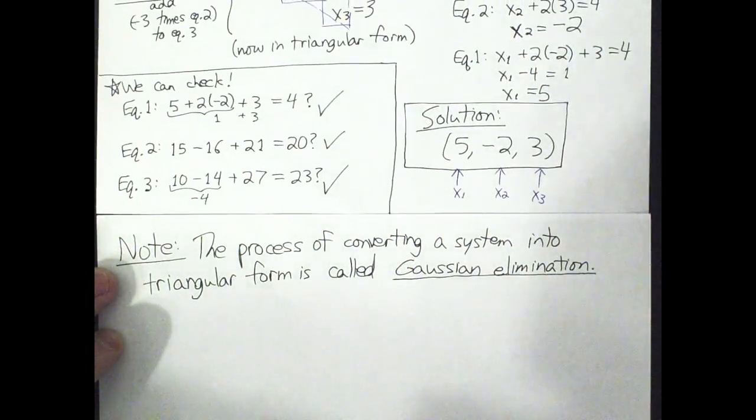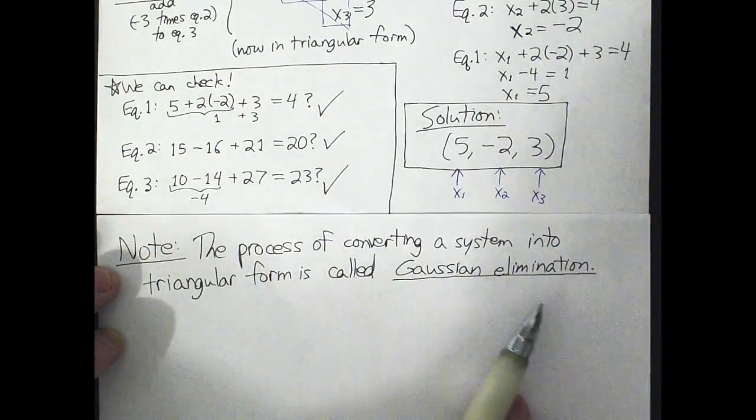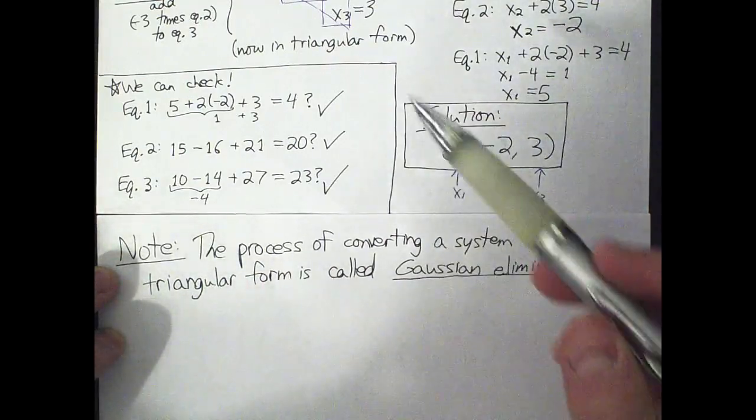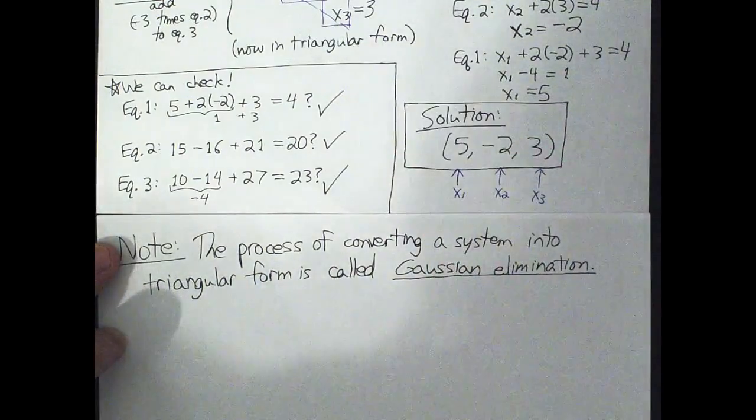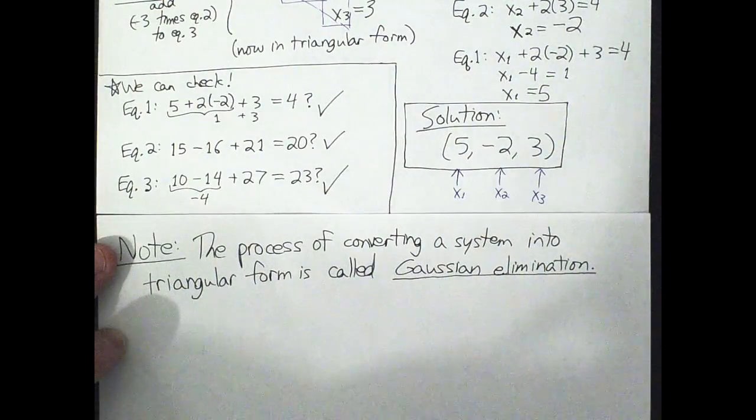So in the previous problem, we solved the linear system by performing Gaussian elimination, and then towards the end, we did back substitution to finish it off. It's called elimination because as we try to get it in triangular form, it's like we're eliminating variables.